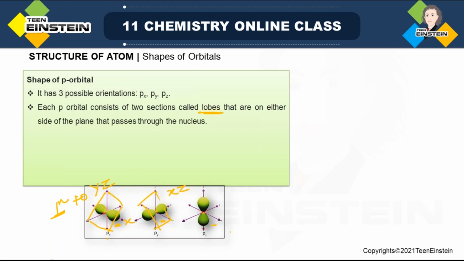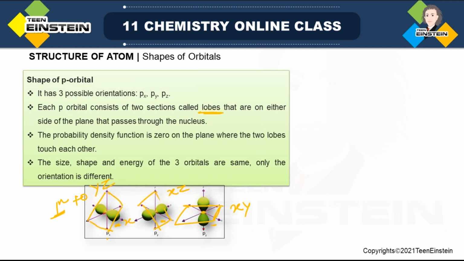And when you are considering pz, it is perpendicular to the xy plane. So each p orbital consists of two sections called lobes that are on either side of the plane that passes through the nucleus. So the nucleus will be here.